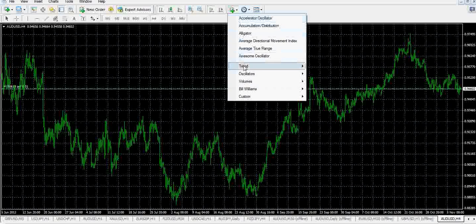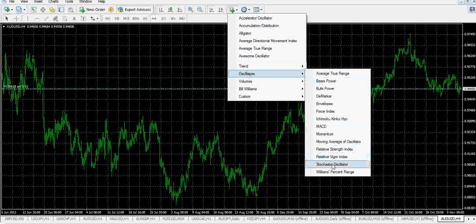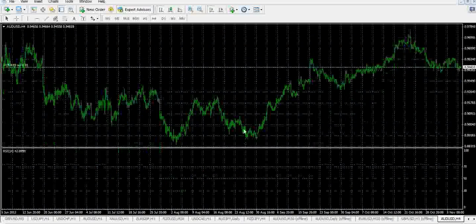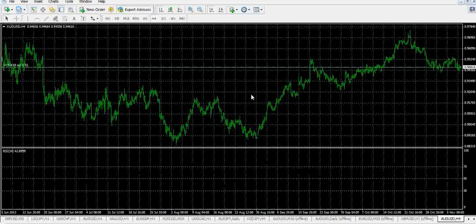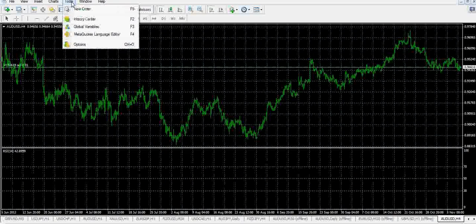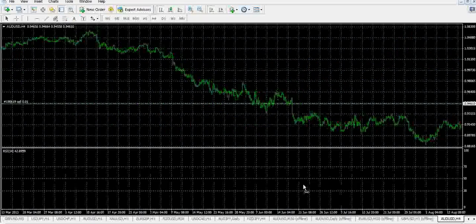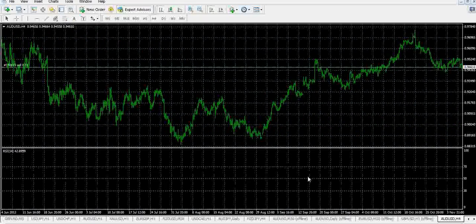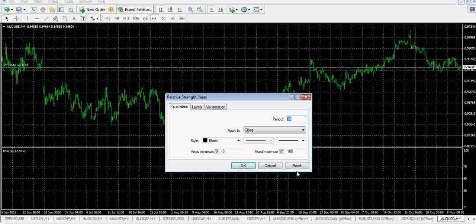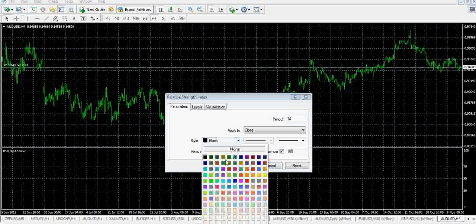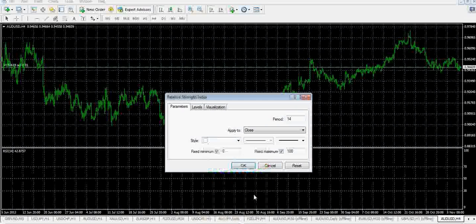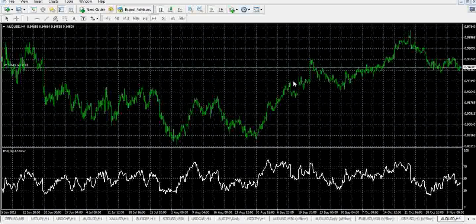First, I will add, like I said, my favorite oscillator. It's the relative strength index, just to show a few things. Now it should be white, like this. So this is the Aussie dollar.